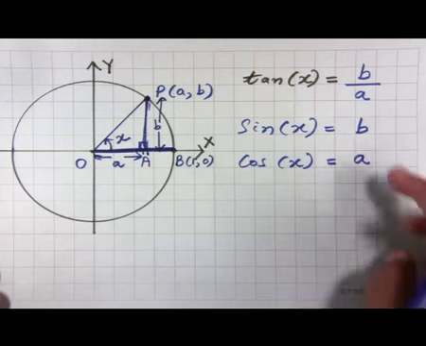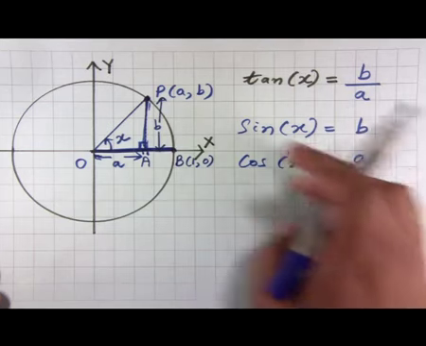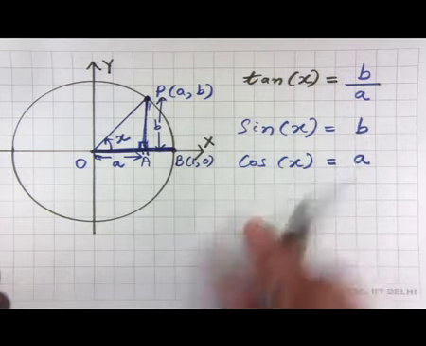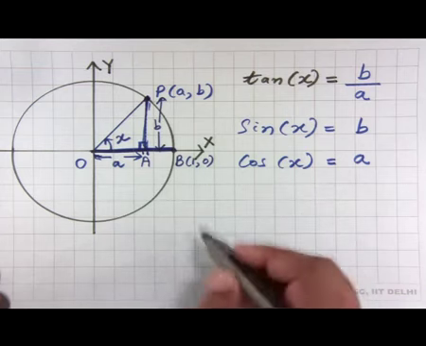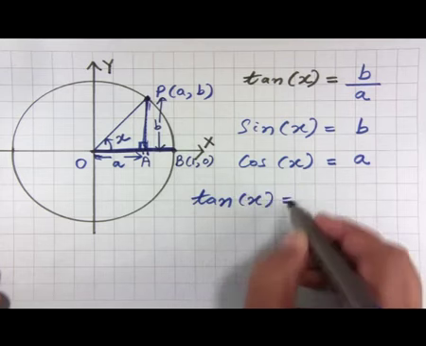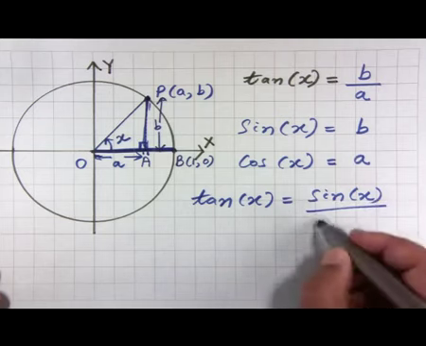And then we immediately realize that b by a is nothing but sine x divided by cosine x, and therefore we get the relation that for any angle x, the tangent of x is equal to sine x upon cosine x.